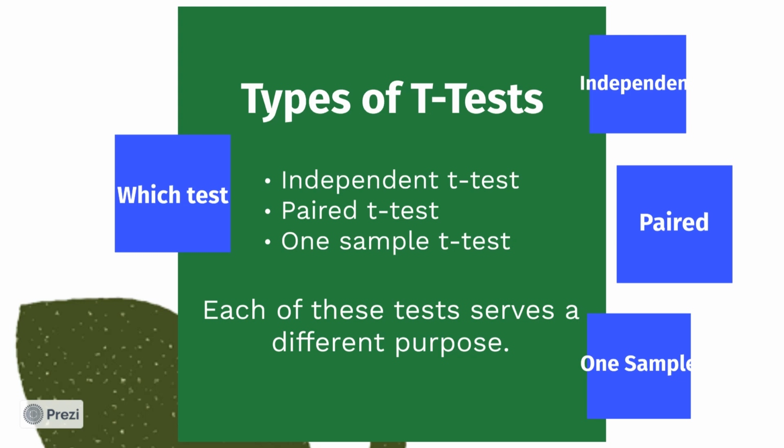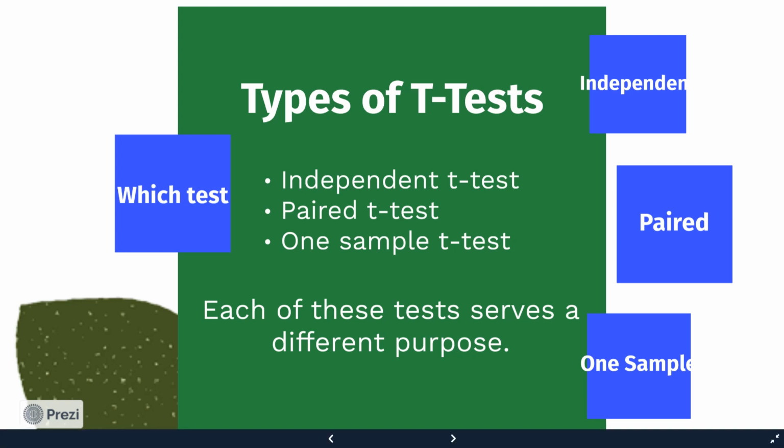So let us go and have a look at which test to use. Before we start that, I would just like to point out, in the case of independent sample t-test, there are two possible scenarios: where you have equal variances and where you have unequal variances. Because the data is coming from two different groups, the sample sizes could be different.